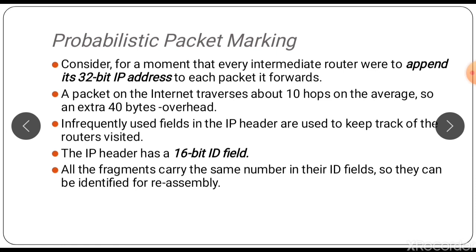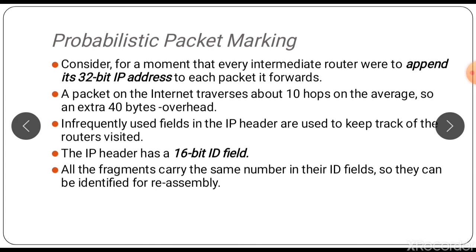Different networks have different restrictions on the size of the datagram they can carry, so they may need to split a datagram into two or more fragments and send each separately. The router at the destination end has the responsibility of reassembling all these fragments to create the original packet. All these fragments carry the same number in their ID field, so they can be identified for reassembly.